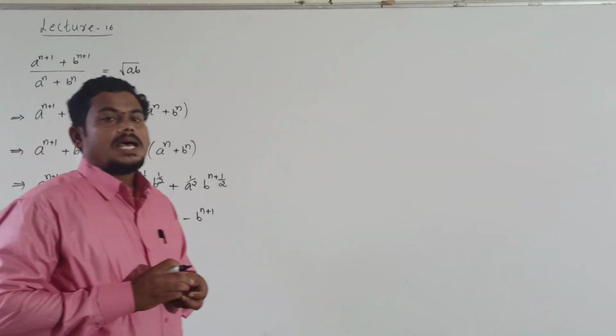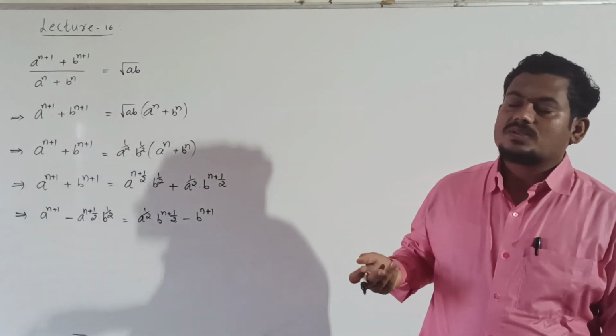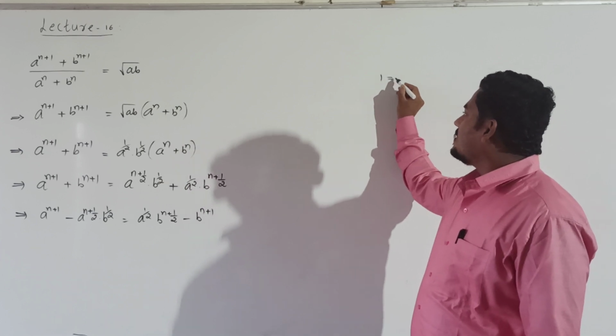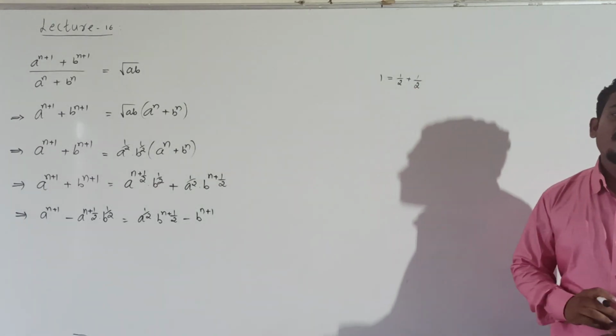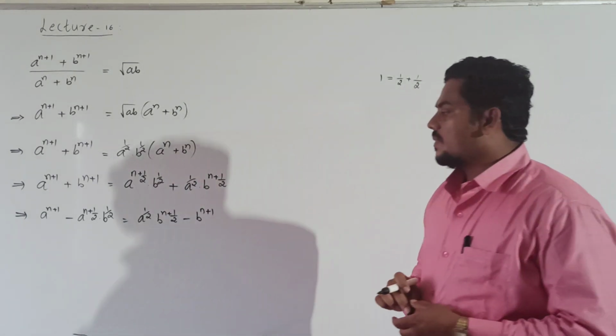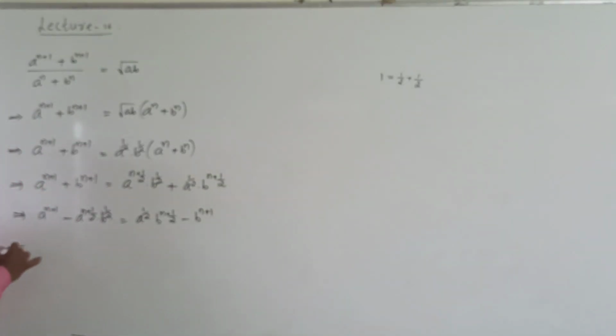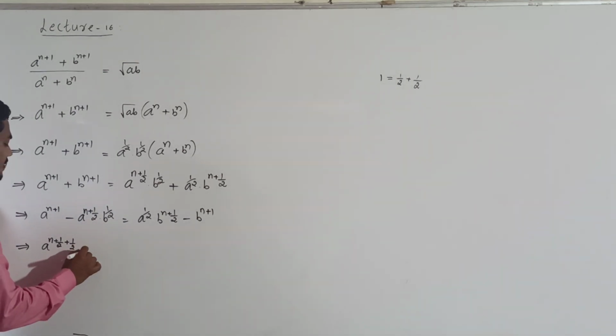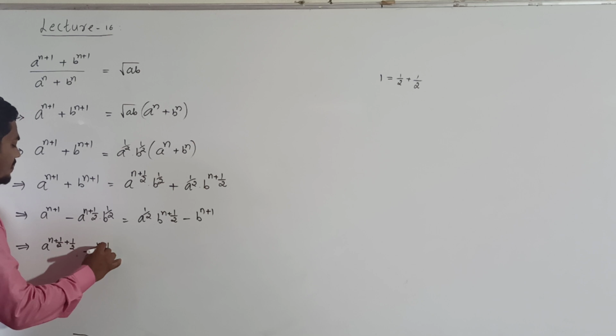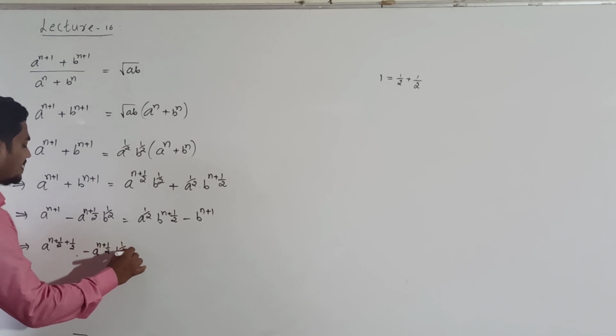After this step, I will write a^(n+1) as, just for our convenience, I will write 1 as 1/2 plus 1/2. Then a^(n+1) becomes a^(n+1/2+1/2). Minus a^(n+1/2) into b^(1/2) remains as it is.